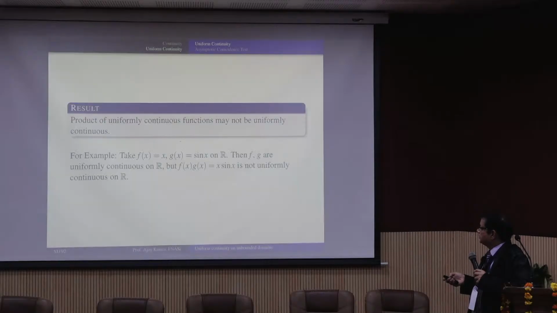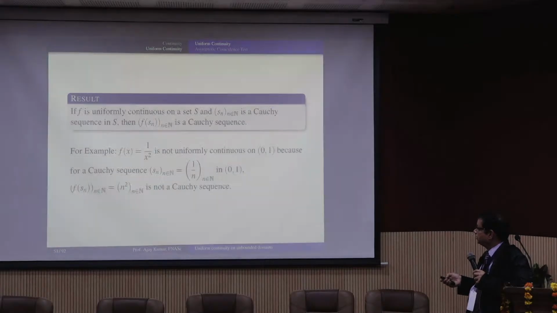Now, the product of two continuous functions, pointwise product, is a continuous function. But the product of two uniformly continuous functions need not be uniformly continuous. For example, f of x is x and sine x. The product is not uniformly continuous, whereas both of them are.